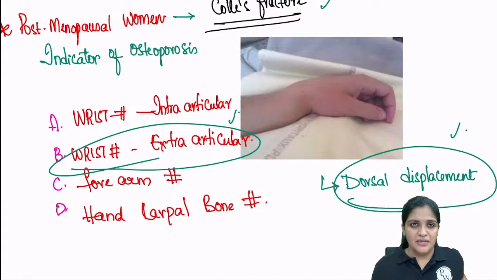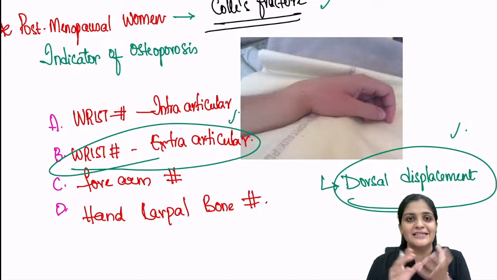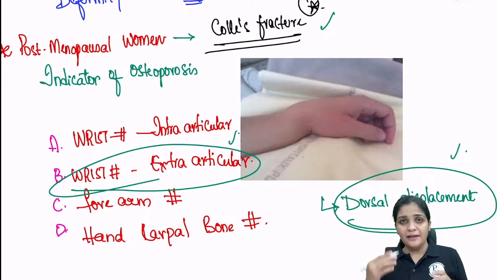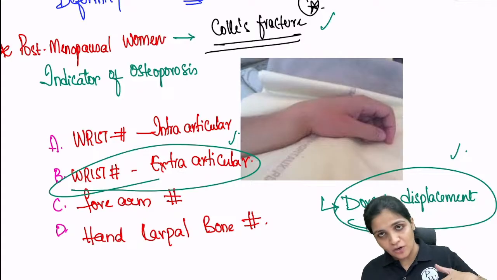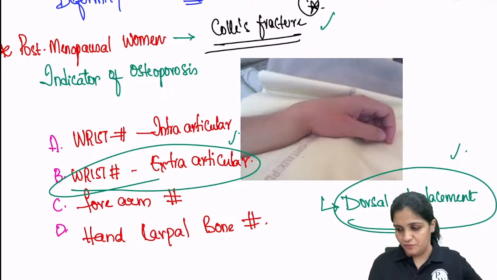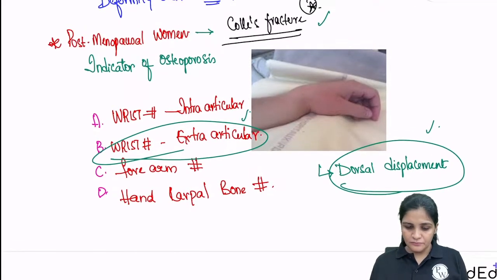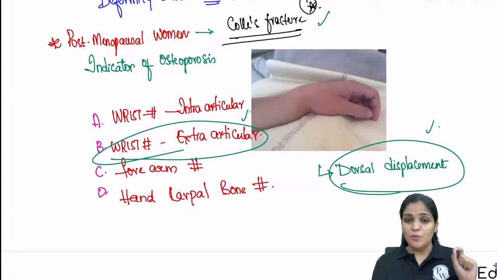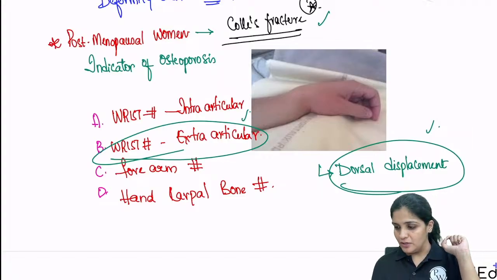So this is the beauty of the INI-CET questions. Usually we try to learn it as Colles' fracture, but the concept behind it matters. Whenever it is an extra-articular fracture with a dorsal displacement, you will see a dinner fork deformity, and then the answer is extra-articular fracture. That is how you have to prepare for the exam. Small minute details you also have to remember regarding that particular concept.